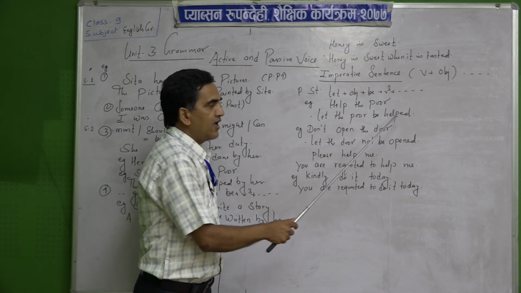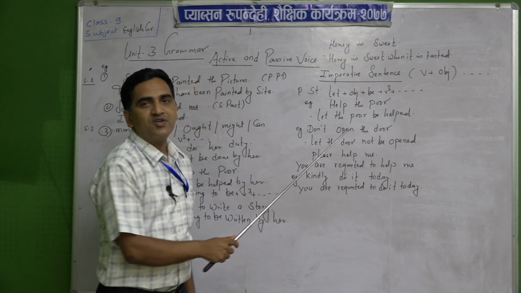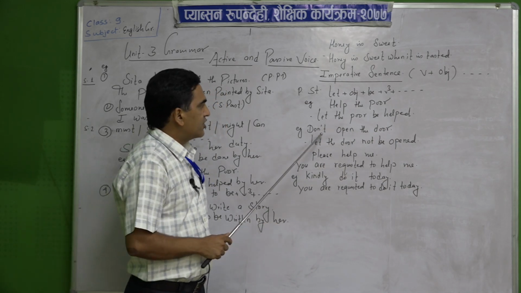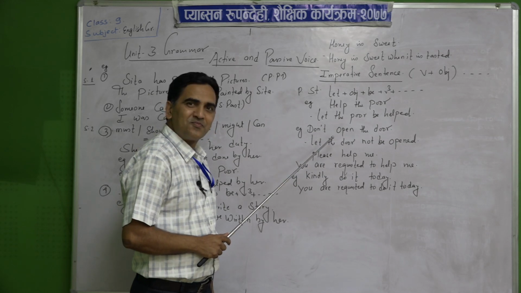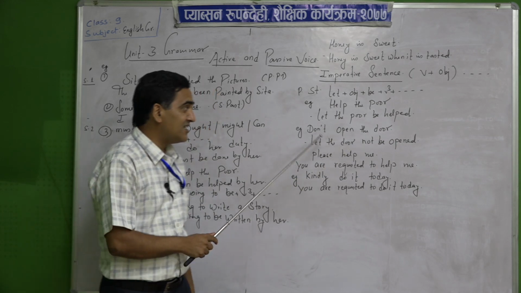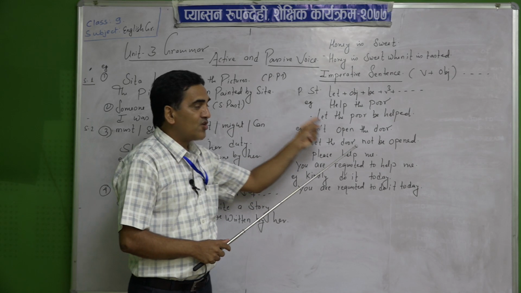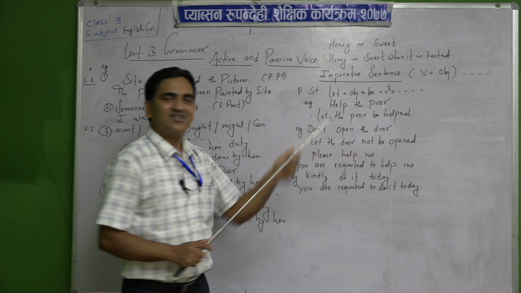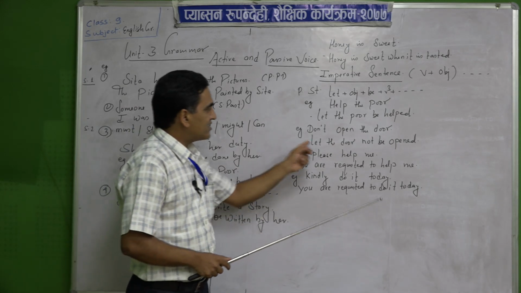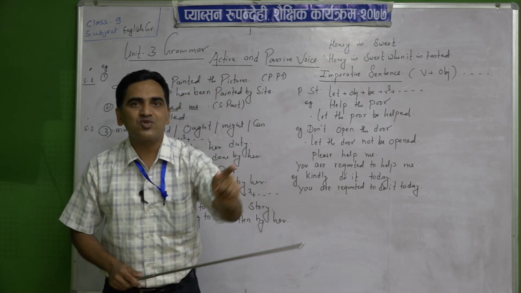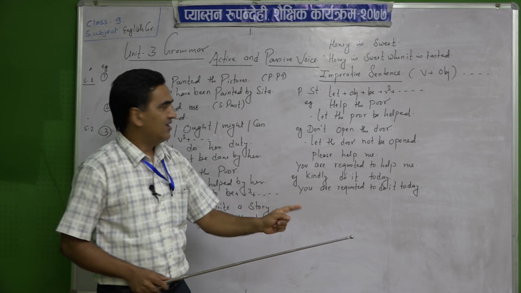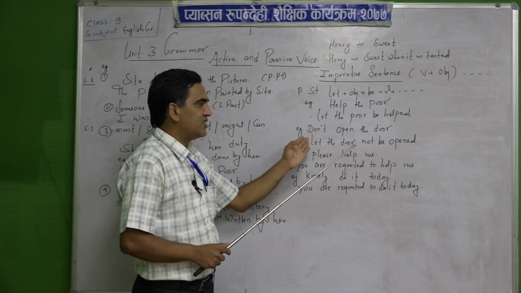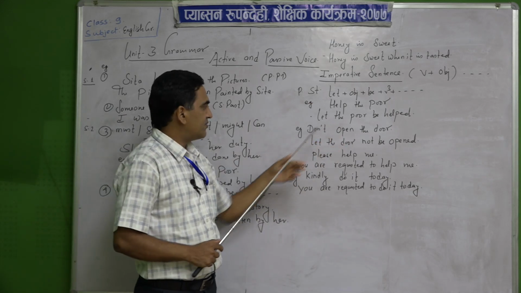Let the poor be helped. Now it is passive. Don't open the door, now it is negative. So whether the sentence is positive or negative, no matter, you have to start from let.